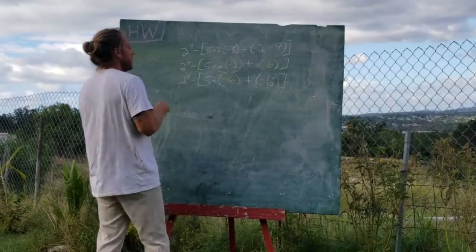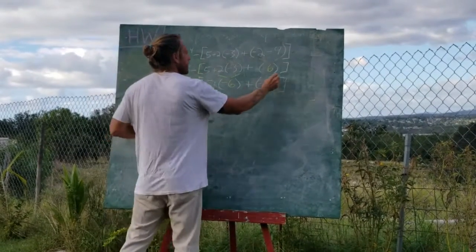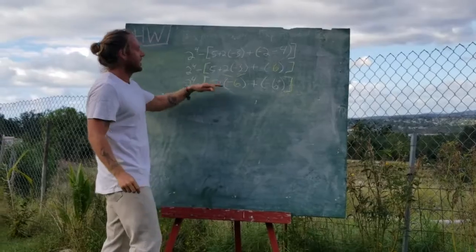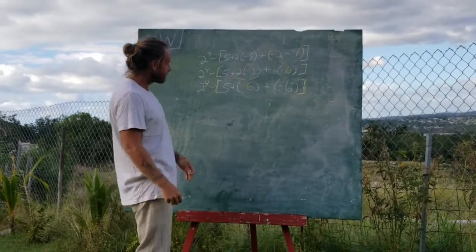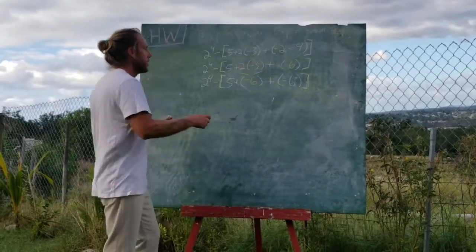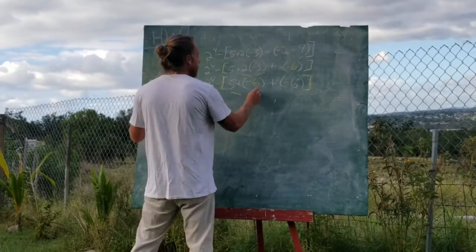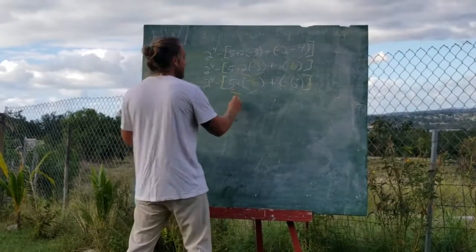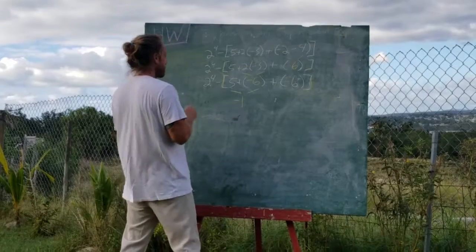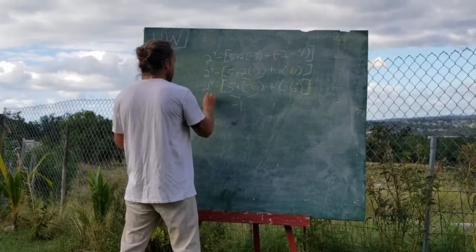So we're still working within our brackets. Now all we have left are additions and subtractions. Moving from left to right, we begin. So 5 plus a -6 is -1. Bring everything else down.